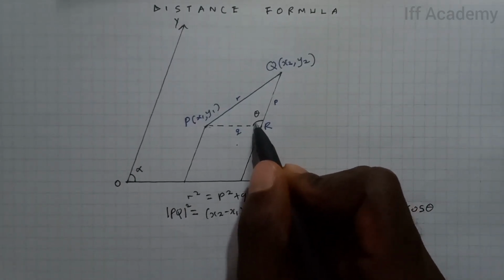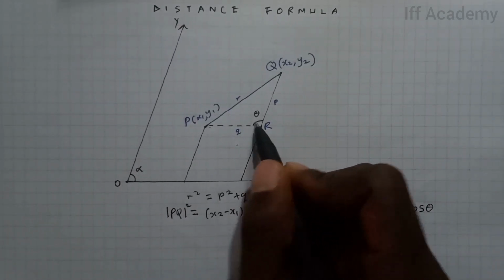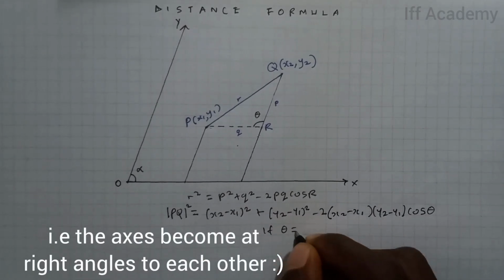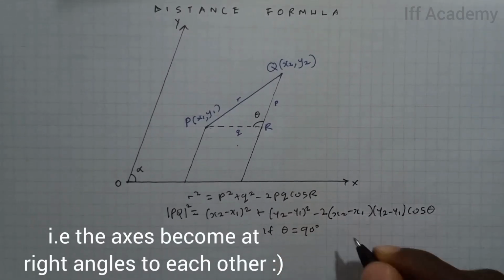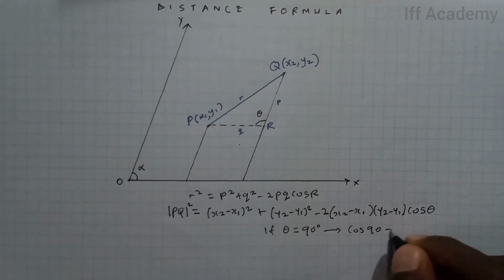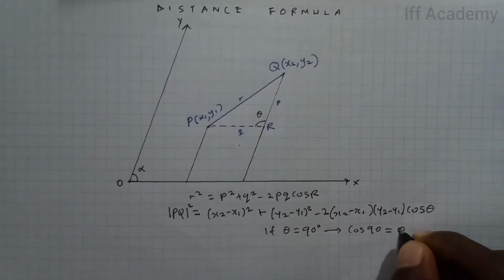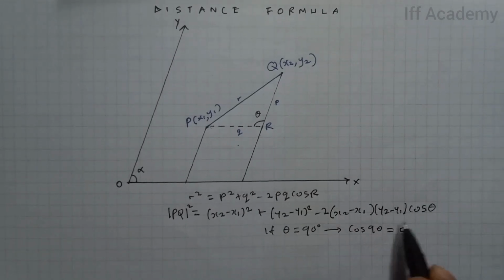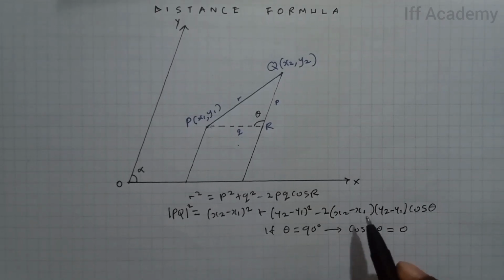But now, if you notice, if this angle theta becomes 90 degrees, what happens? Cos 90 is equal to 0. So if cos 90 is 0, it means that the whole of this part will be equal to 0.